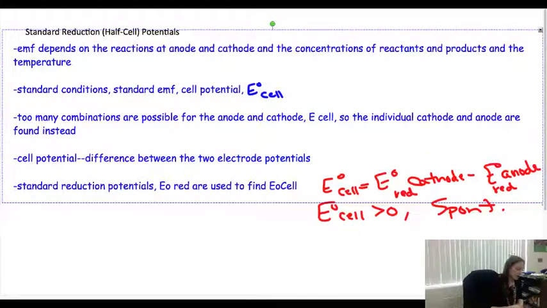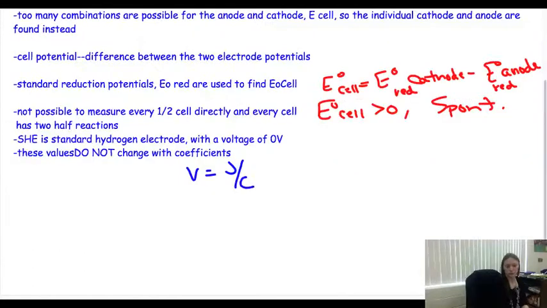Appendix E has all of the half cell potentials, and these don't change with a coefficient at all, because if my joules go up, my charge goes up. So they work together. Remember, a volt is a joule per coulomb. Well, if I have more of the stuff, I have more charge, I also have more of my energy. So they go hand in hand together. And your reduction potentials are also found in the back of your periodic table.